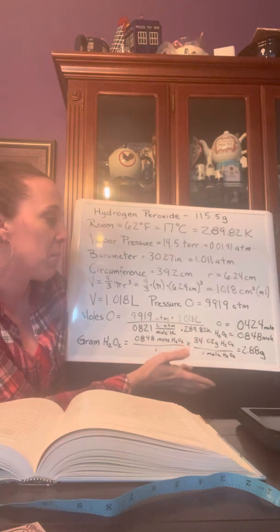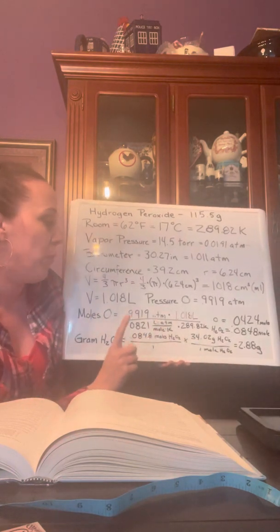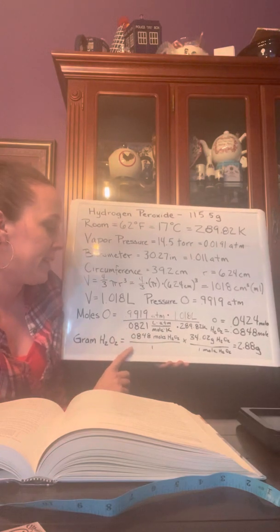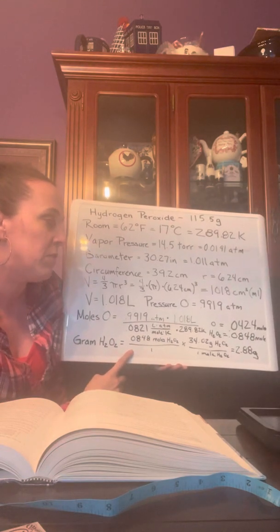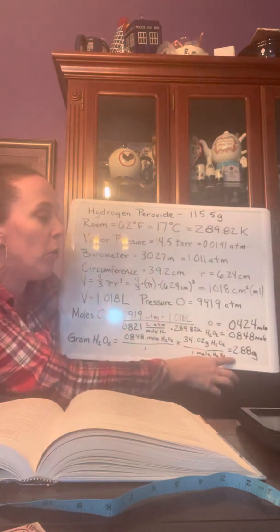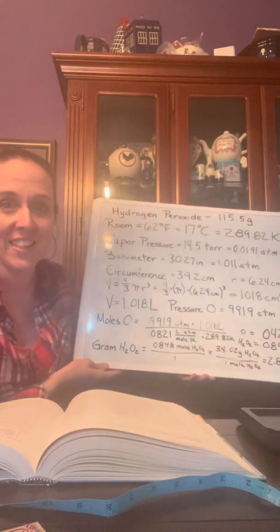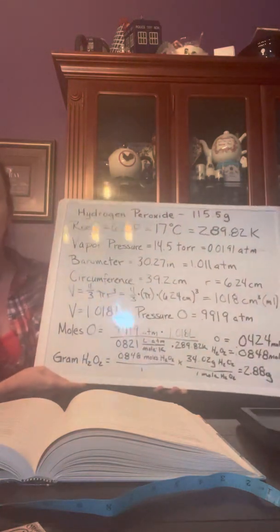By adding the atomic mass, we got 34.02 grams, and we multiply 0.0848 moles times 34.02 grams, and we found out that we have 2.88 grams of H2O2 reactant in this lab today.